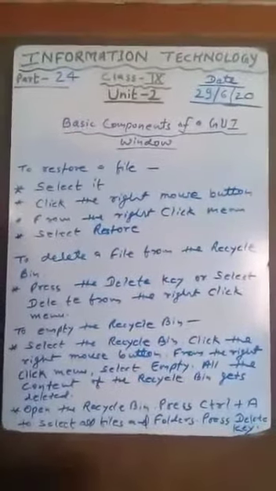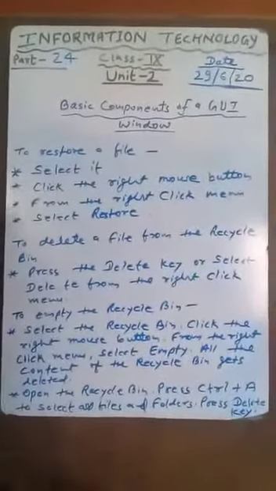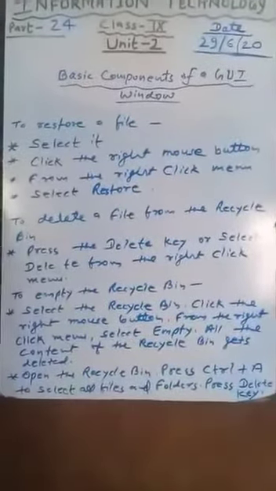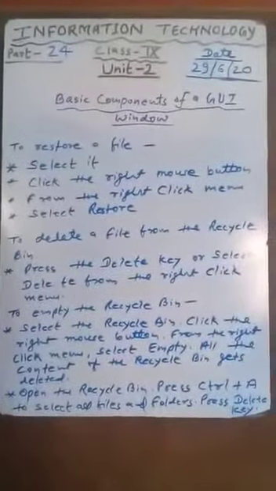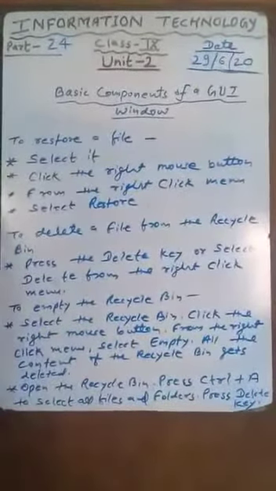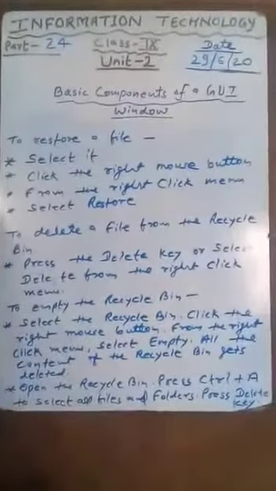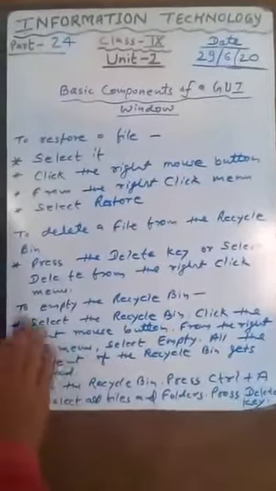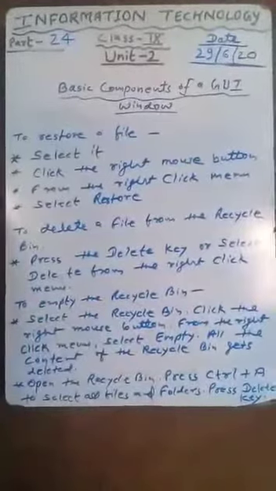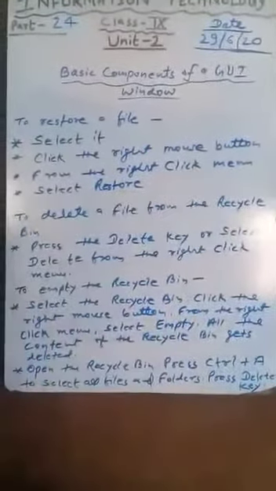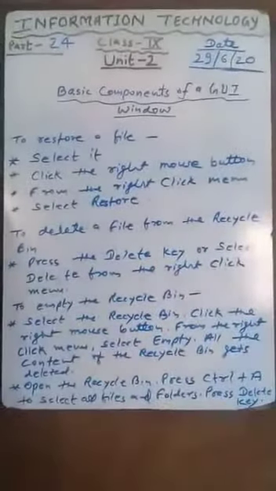Then our files and folders are permanently deleted and the recycle bin will be empty. This is the second step to empty the recycle bin. This is all about the recycle bin.